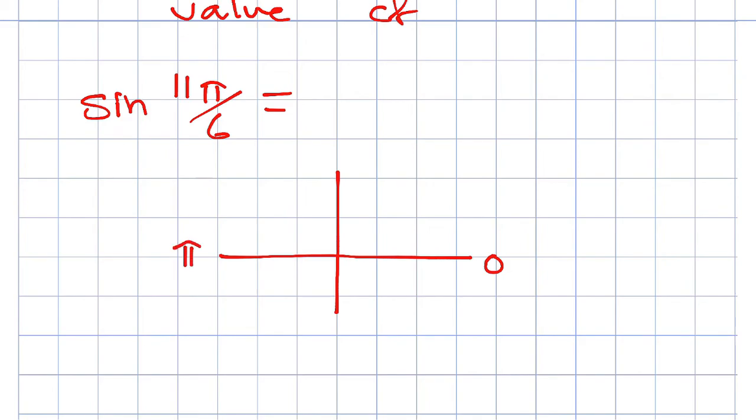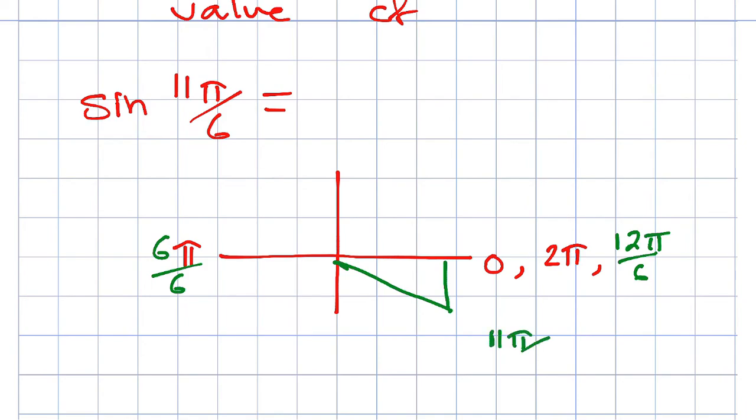Another way of writing pi would be 6 pi over 6. When we get all the way back around to 2 pi, we're going to think of it as 12 pi over 6, because that's the same thing as 2 pi, since 12 divided by 6 is 2. So if you're going to draw 11 pi over 6, you're just 1 pi over 6 short of 12 pi over 6, which means you're right here. This is 11 pi over 6.